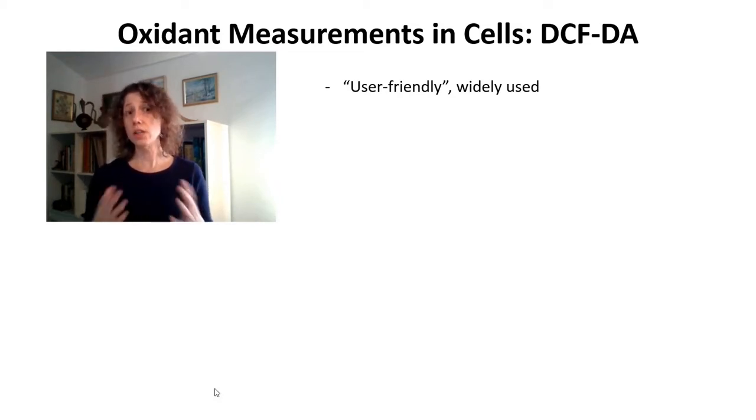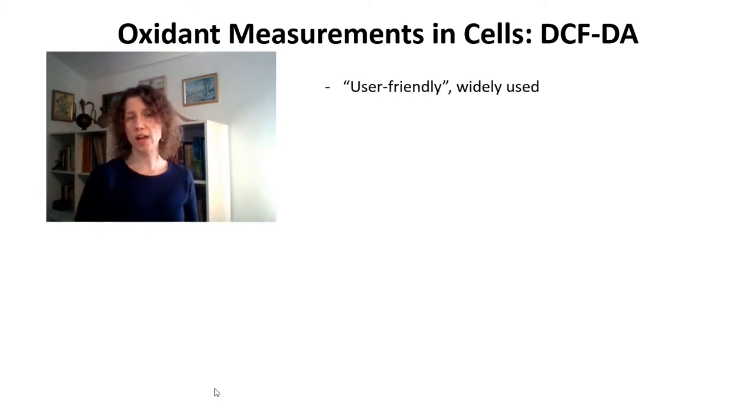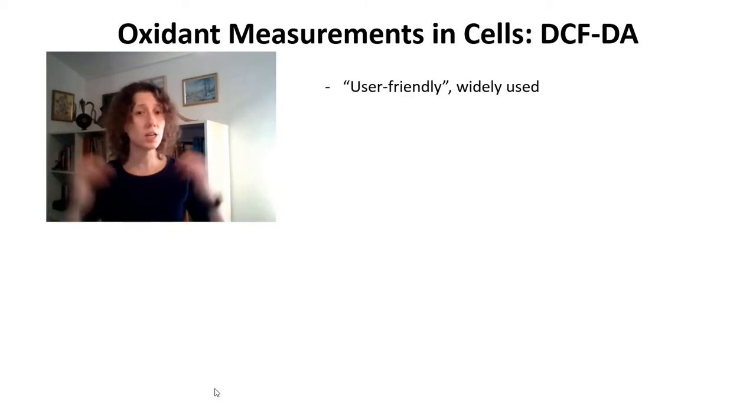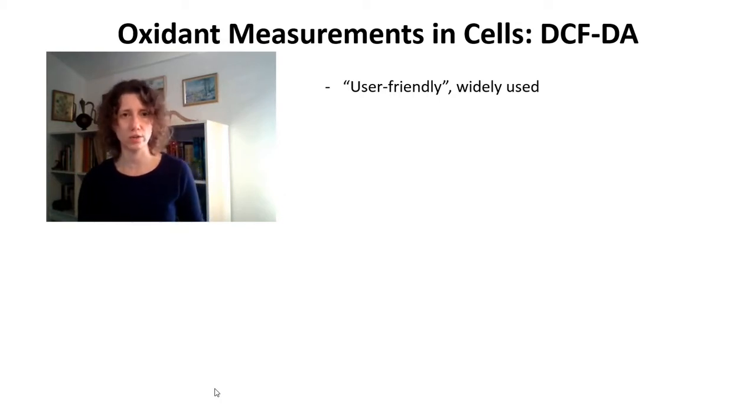This is pretty linear, it's quantitative, you can calibrate it, and you can also use pretty good controls, such as adding catalase to remove hydrogen peroxide and seeing that your fluorescence really decreases. There are a few artifacts involved in this that you do have to be careful with. So anything redox potentially could affect your measurements. So you should calibrate your measurements in the presence of all your other reagents and not just mitochondria.